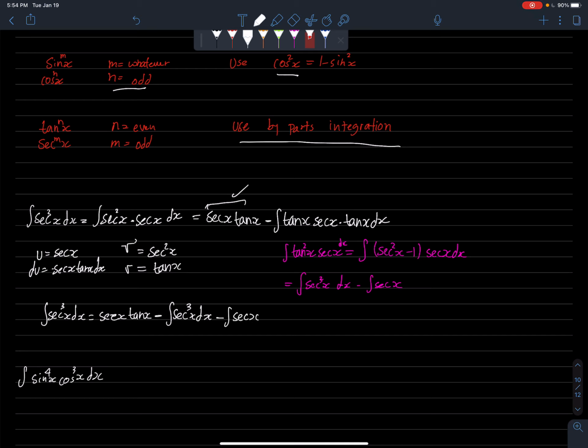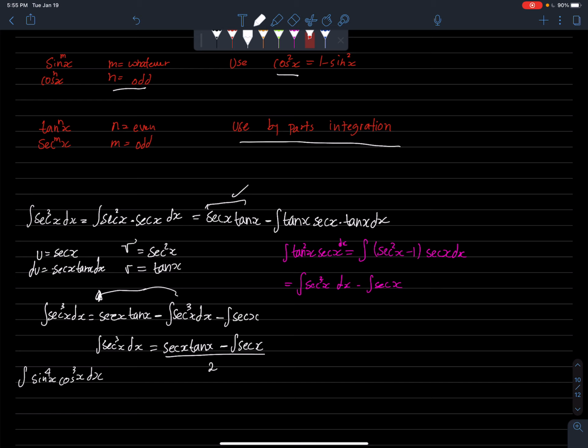All right, so we can isolate for secant cubed. The integral of secant cubed x dx is going to equal secant x tan x plus the integral of secant x, all over 2, moving this over and then dividing out.